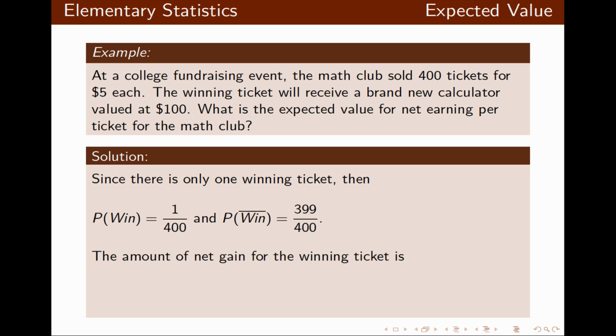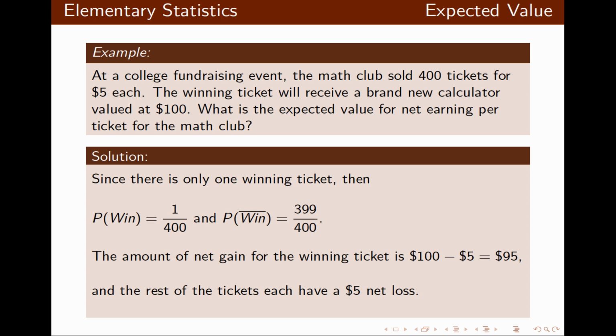Now, the amount of net gain for the winning ticket will be $100 for the value of the calculator minus $5 for the price of a ticket. So the net gain is $95. And the rest of the tickets each have a $5 net loss.